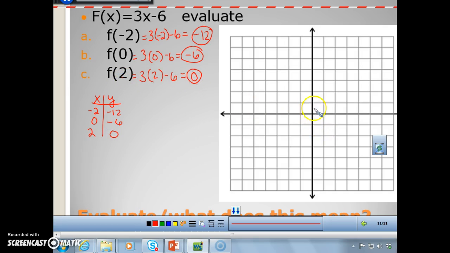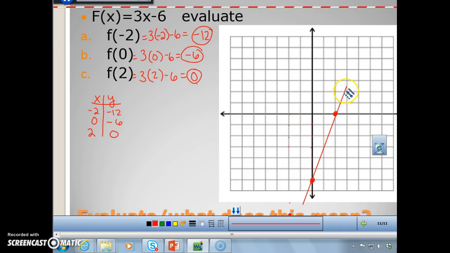And so when you go to graph it, we have some points. So negative 2, and down here at negative 12, so 1, 8, way down here, and then 0, negative 6, so 0, 1, 2, it's right in here, 0, negative 6, and then 2, 0 will be in here, and then we can create our line because we have the equation.